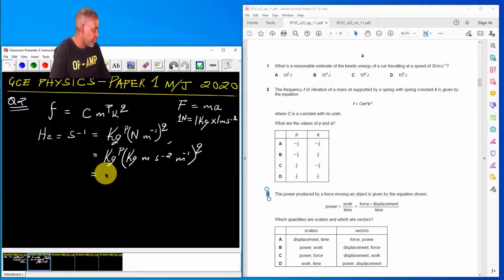So I go on, I get my kilogram raised to P. I open the brackets and get kilogram raised to Q. You'll be able to see that meter and per meter cancel out, because per meter means 1 over meter. 1 over meter multiplied by meter, they are going to cancel out. Seconds, on the other hand, is raised to -2, but when I open the bracket, it becomes -2Q.